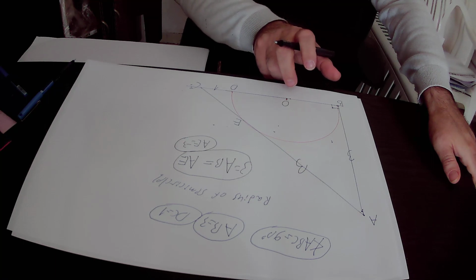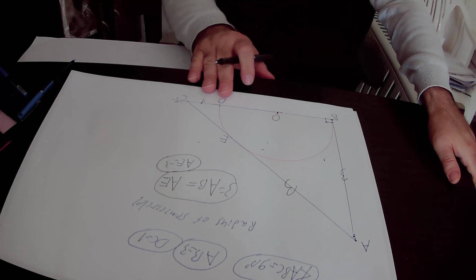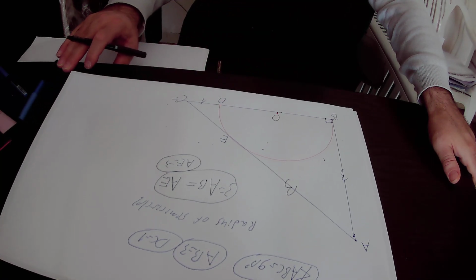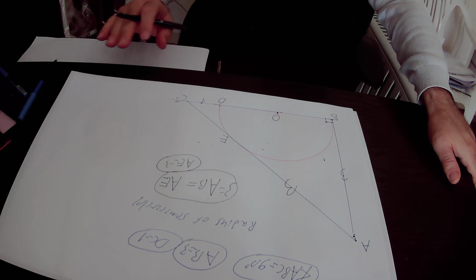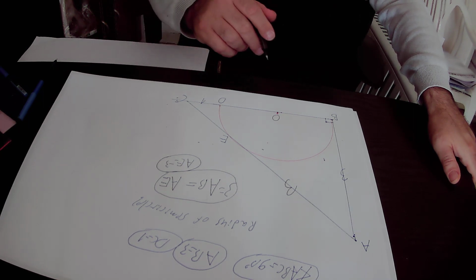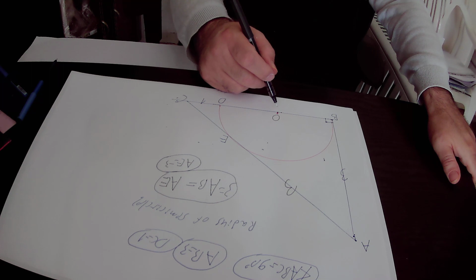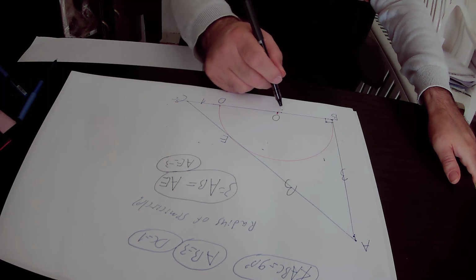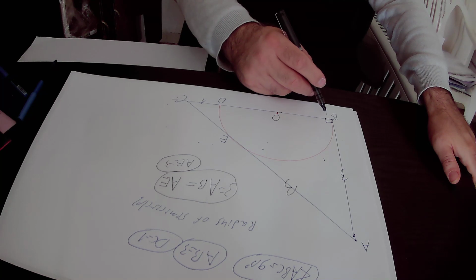Actually, line segment OB is the radius of this red semicircle, because line segment OB starts from point O, that is the center of this semicircle, and ends at point B, that is a point on the semicircle itself.